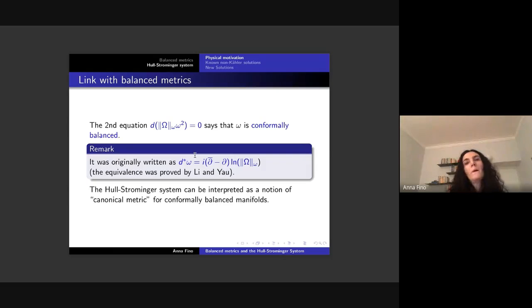The equivalence was proved by Li and Yau, and that was very useful because it gave the link with balanced metrics, in fact.